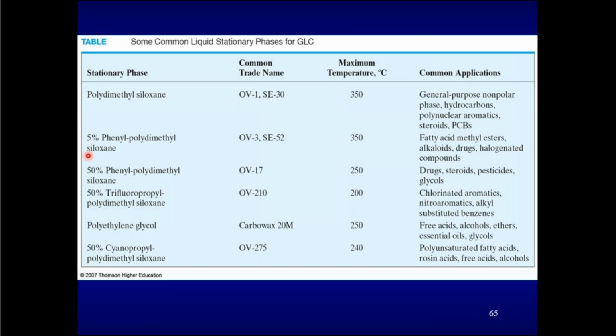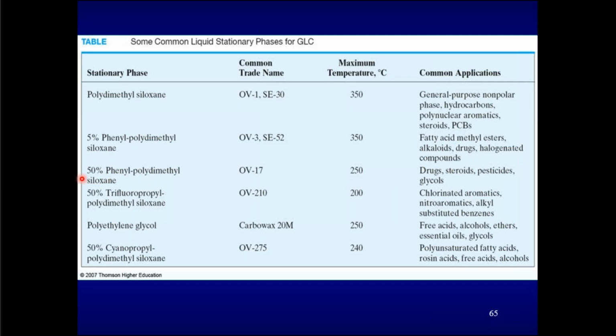5% phenyl polydimethyl siloxane is the second type of stationary phase. These are trade names, the second column. This also has a maximum temperature of 350 degrees centigrade, and is used for fatty acids, methyl esters, alkaloids, drugs, halogenated compounds.